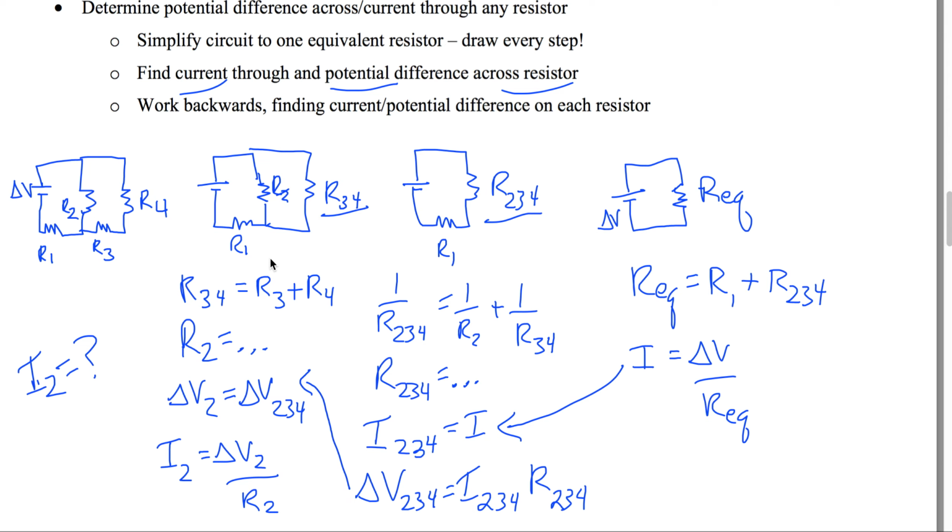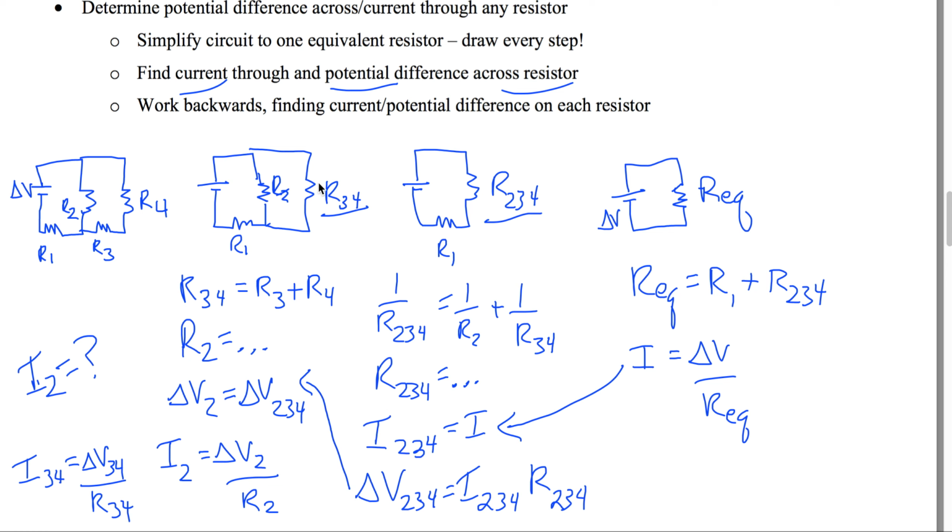So you'd get the current through R34 by doing voltage 234 over R34. The current through 34 would be delta V34, which is the same as the 234, divided by R34.